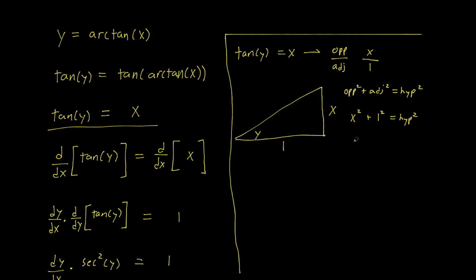So we can rewrite this as hypotenuse, taking the square root of both sides. Hypotenuse is going to be equal to the square root of x squared plus 1.